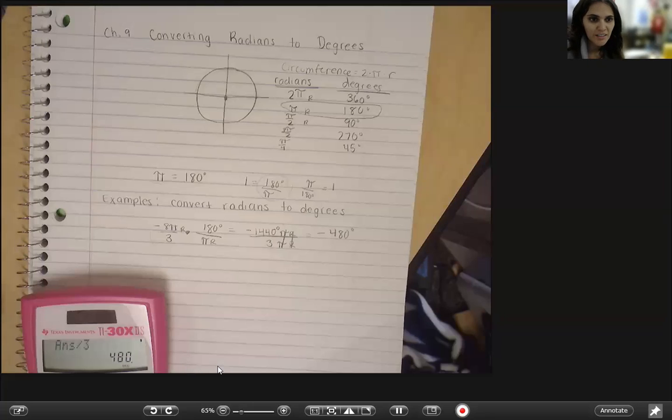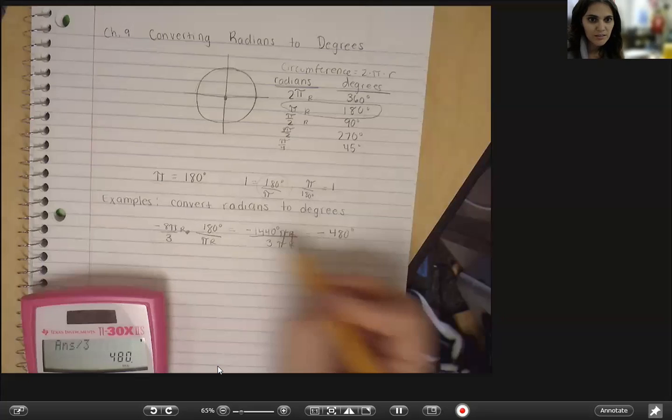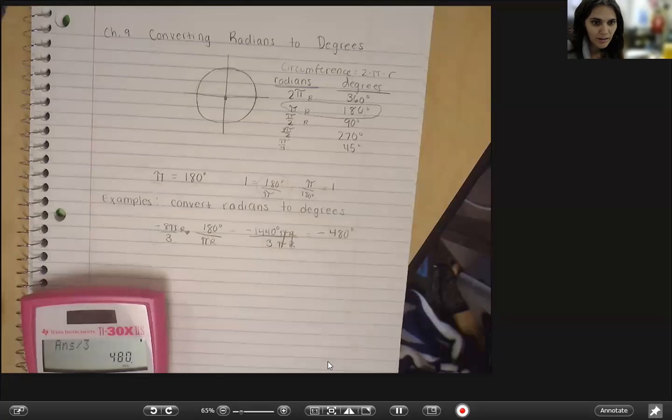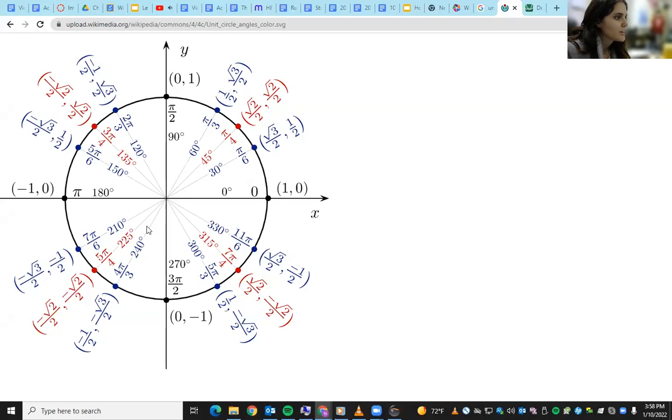Now I'm going to switch over my screen here so you can see my unit circle and see if this makes sense, that negative 8 pi over 3 is equal to negative 480 degrees. If I were to just do negative 8 pi over 3, where would that be on my unit circle? Well, negative 3 pi over 3 would be here, which is negative pi.